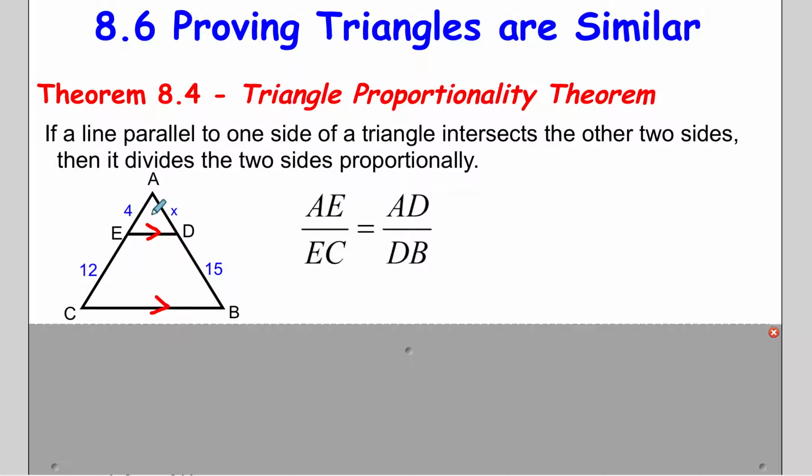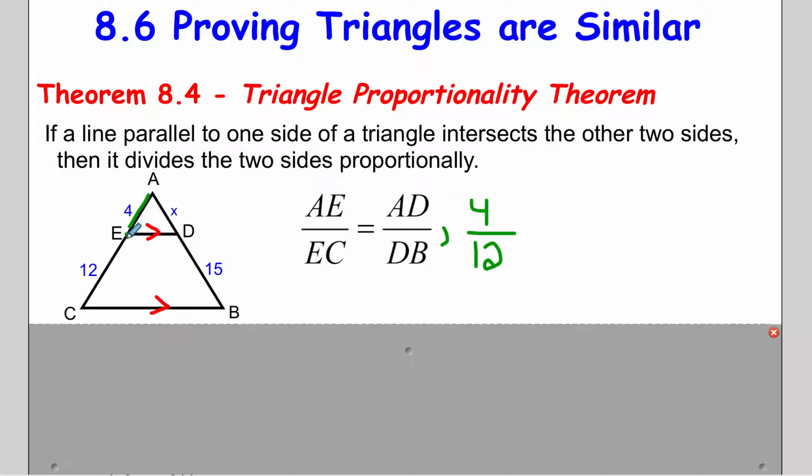AE, which is 4, divided by EC, which is 12, will be the same as AD over DB. This proportion will be the same. So let's go ahead and plug in what we know and work this out. So 4 over 12. AE is 4. We can see that here.